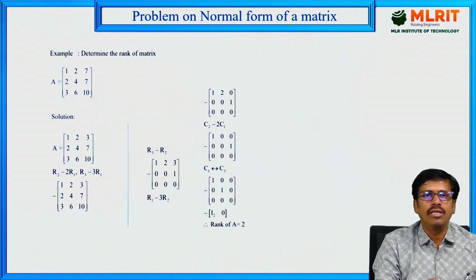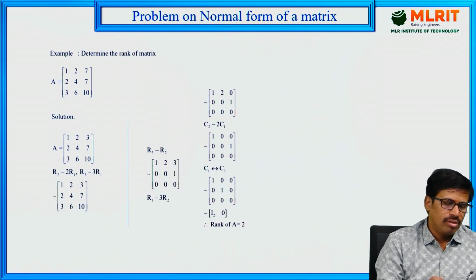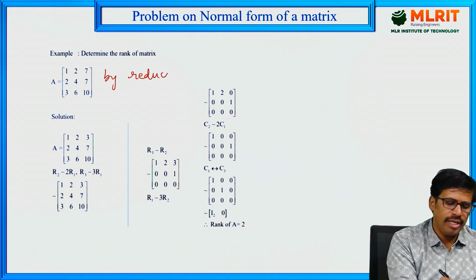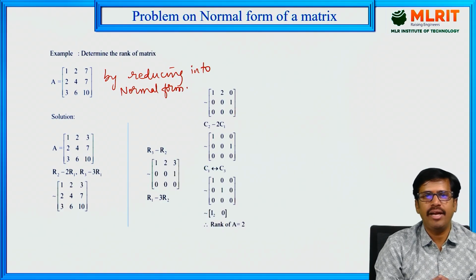Let us see how to convert the given matrix into normal form and find its rank. Determine the rank of a matrix by reducing it into normal form. Normal form means I have to get completely an identity matrix.